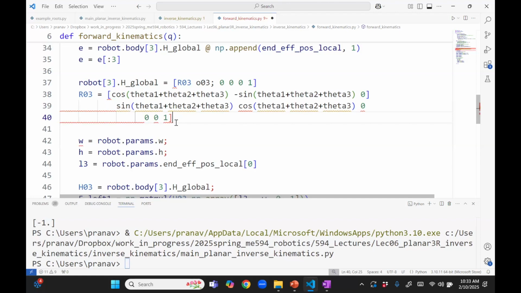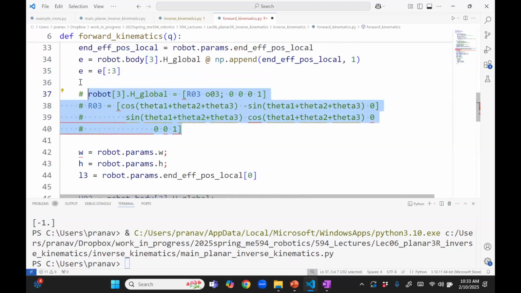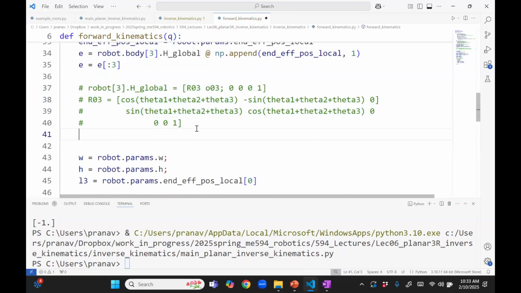So this is how it will be. I'm just going to comment it out, but this is just to explain. Now I need theta 1 plus theta 2 plus theta 3. That should be the third one.